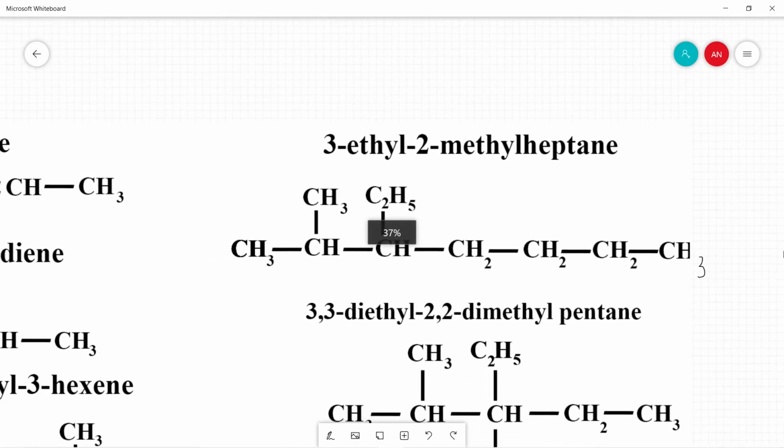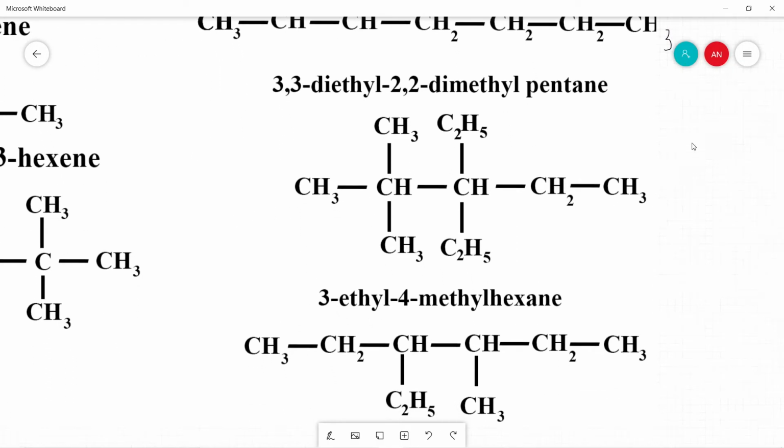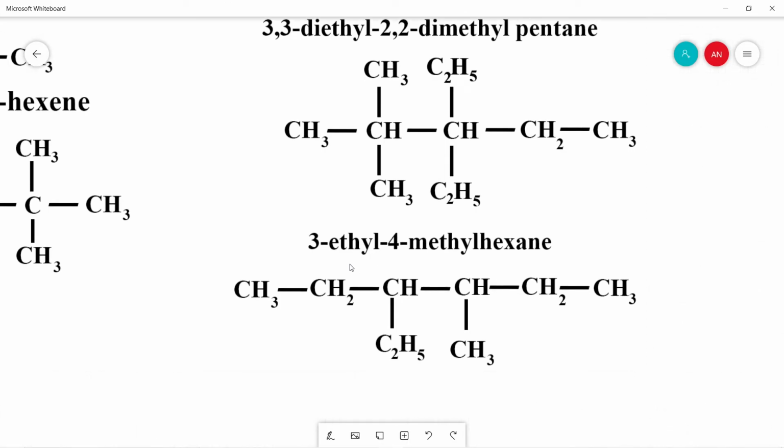So this would be the structure. Similarly, I have drawn the structure here, right? 3,3-diethyl-2,2-dimethylpentane, right? So there are 2 ethyl radicals on the third carbon and 2 methyl radicals on the second carbon, parent chain of course 5 carbons. Now the last one, there it is, 3-ethyl-4-methylhexane.